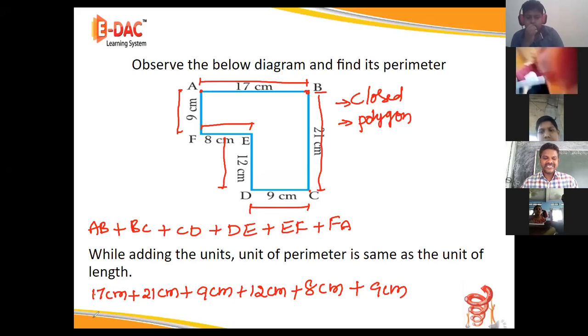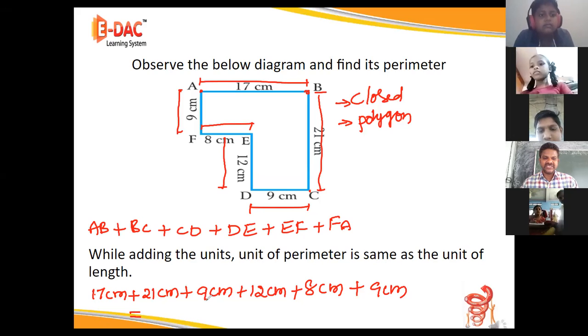We just add all of them to get the perimeter. 7 plus 1, 8, 8 plus 9, 17, 19, 27, 36, 46, 76. Altogether 76.